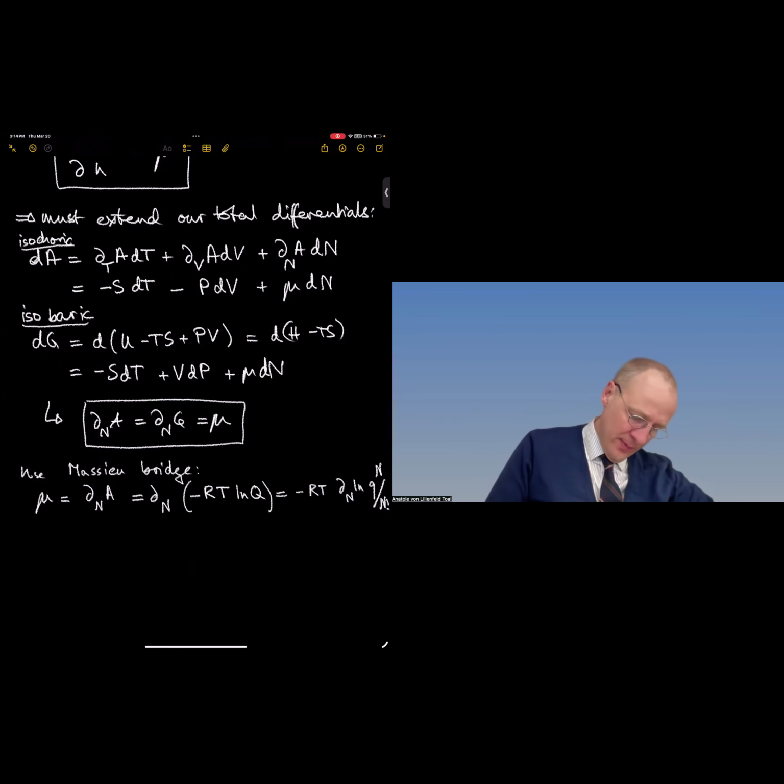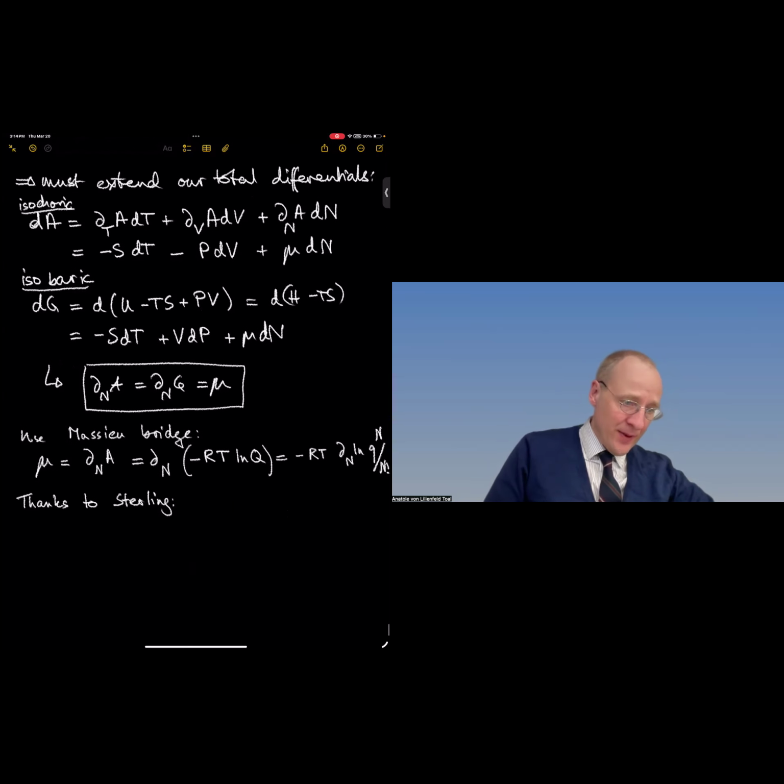Now, thanks to our dear friend Stirling, we can write the logarithm of these factorials as follows.